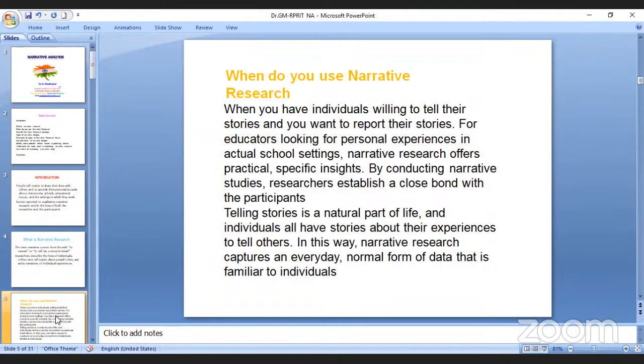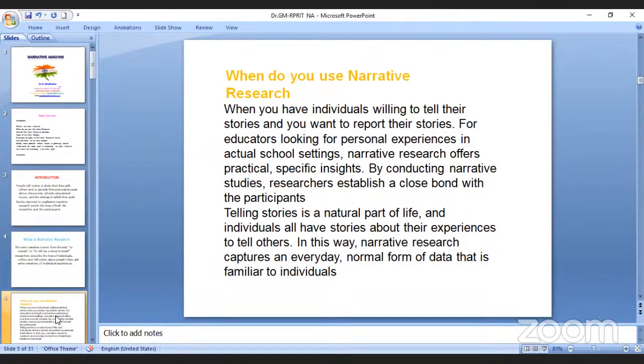So researchers establish a close bond with the participants. Then only they can reveal their story about their school, actual school settings, and other practical things. They will give specific insights.